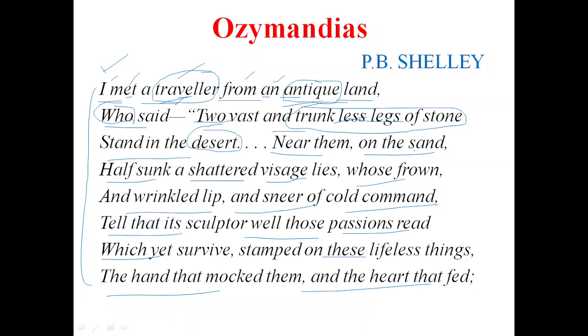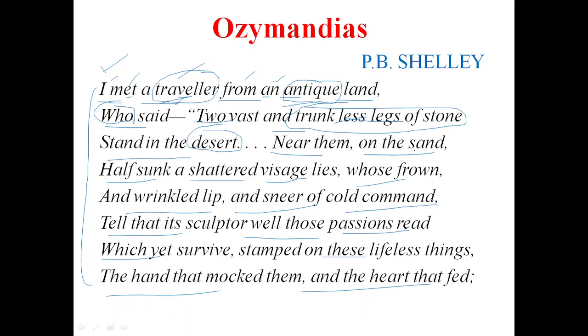Wrinkled lip, wow. So whenever you are very angry, what happens is your lips also get wrinkled when you are commanding someone. जब आप किसी को गुस्से से बात करें तो आपके चेहरे पे एक frown आती है, गुस्से भरी एक expression आती है, that is called frown and wrinkled lip, and your lips also they are twisted a little, that is called wrinkled lip.